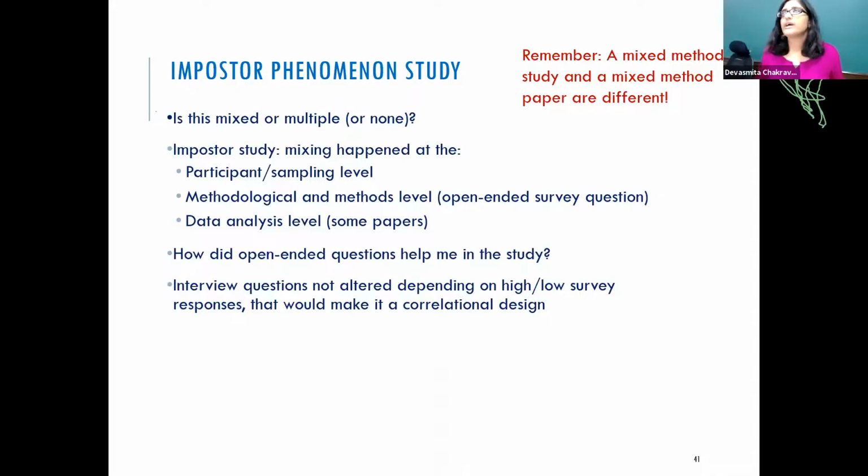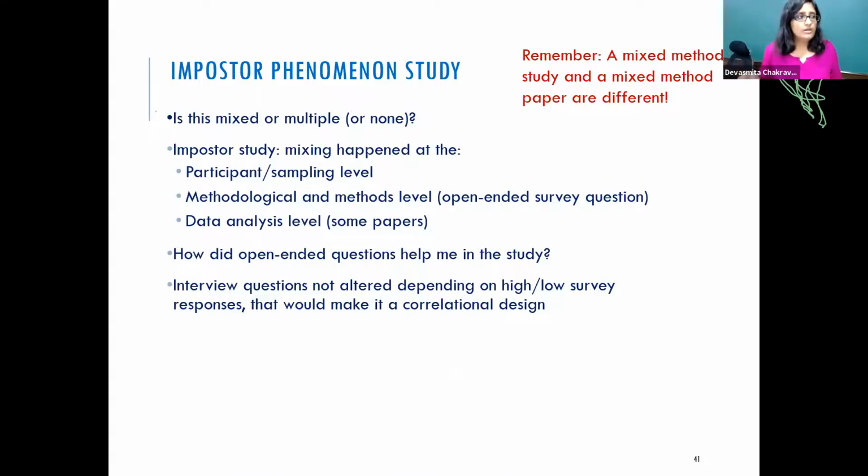Let's say I looked at postdocs feeling like imposters. I analyzed from the scale items where they stand in that scale between 0 to 100, whether they feel like an imposter, how high it is. I also combined it with the qualitative interviews that I had done. I shared my quantitative findings. I shared my qualitative findings.